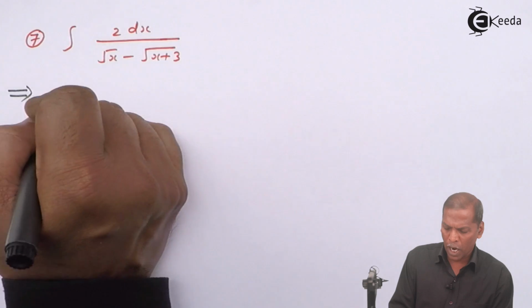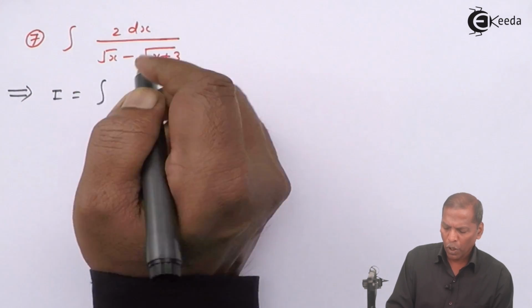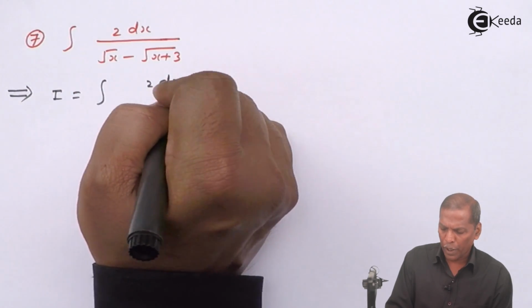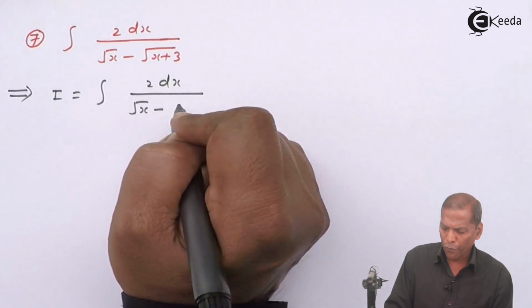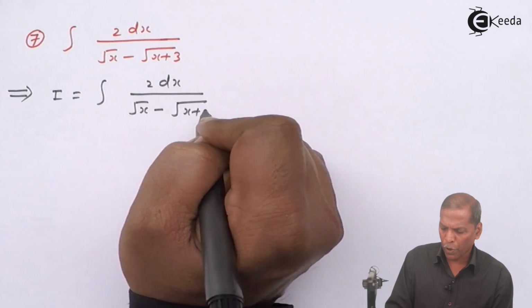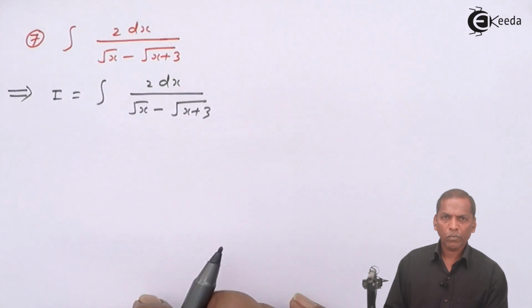First of all, I is equal to integral 2 dx upon square root of x minus square root of x plus 3.